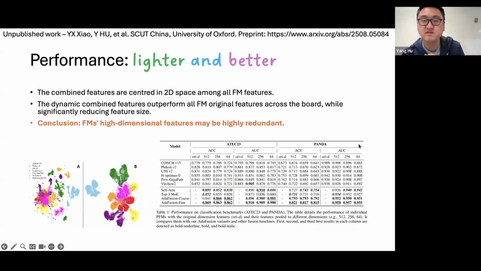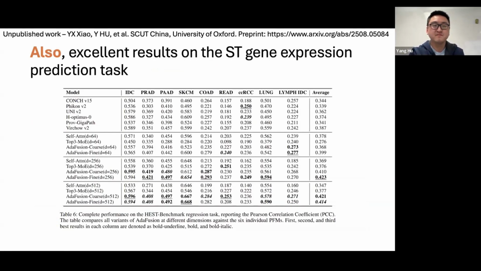Here I show two different downstream tasks. Basically we conclude that the foundation models' high-dimensional features are also highly redundant. Another table shows an excellent result on the spatial transcriptomic gene expression prediction task. The combined feature also achieves the best result on average.